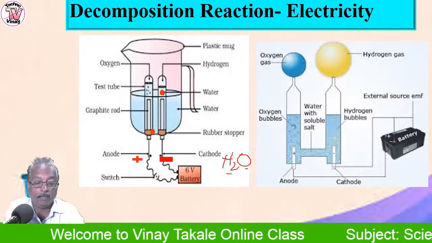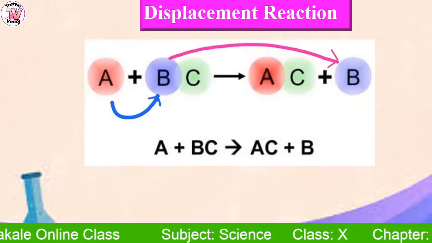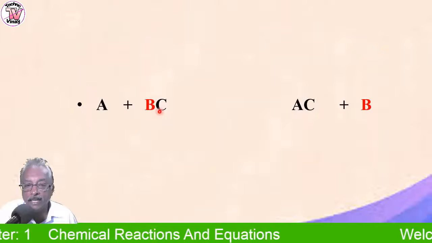Okay, so the next reaction is displacement reaction. Now let us take an example of this type of reaction. Here there are 2 reactants, reactant A and another reactant BC.